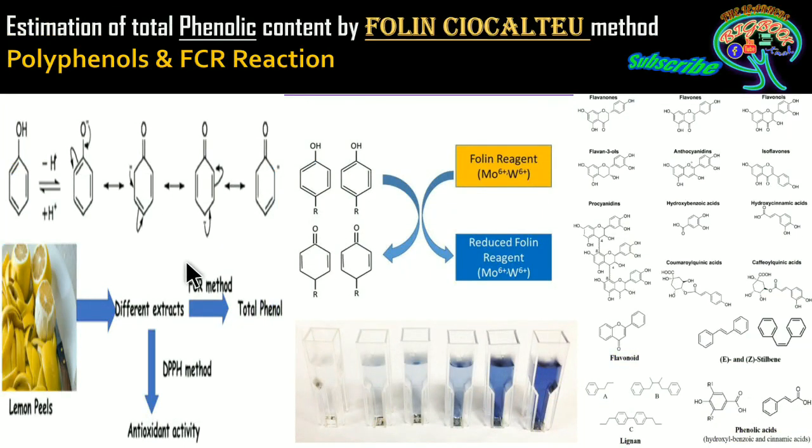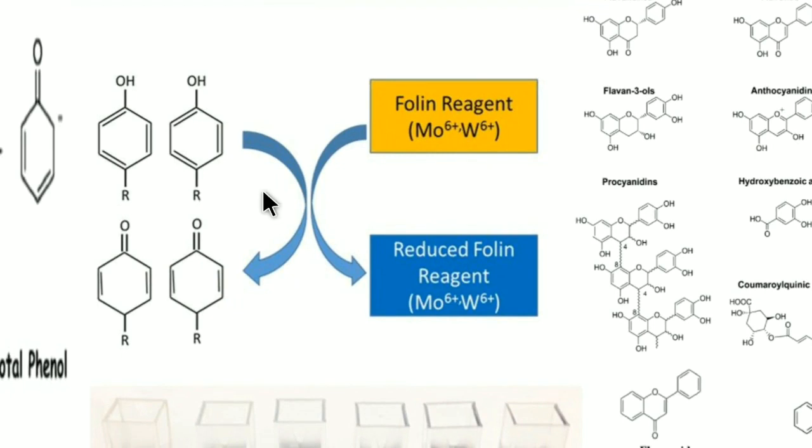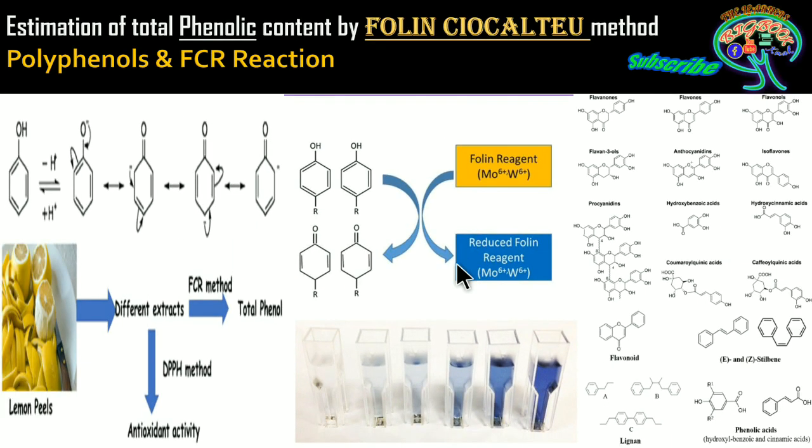Now here you can see this reaction: the phenolic compound reacts with the Folin reagent, and it is going to get reduced, giving the particular blue complex. This reaction you have seen already in the title page.